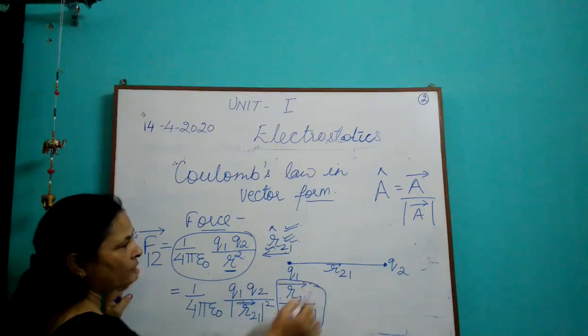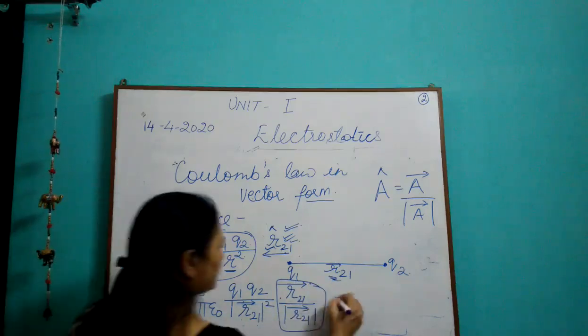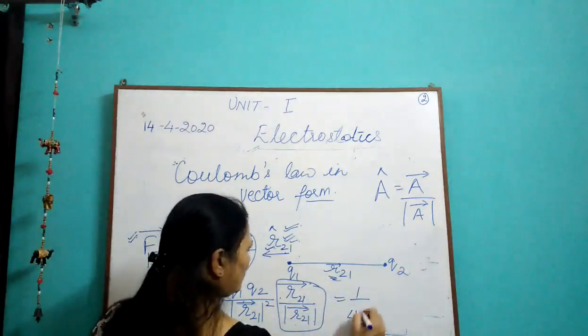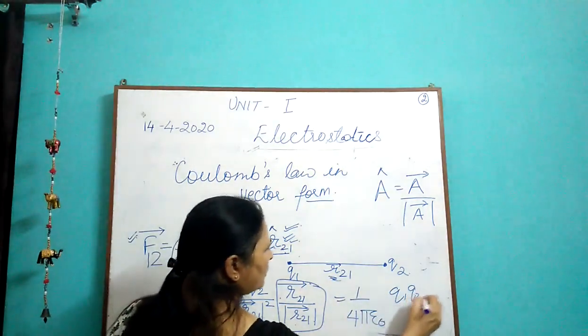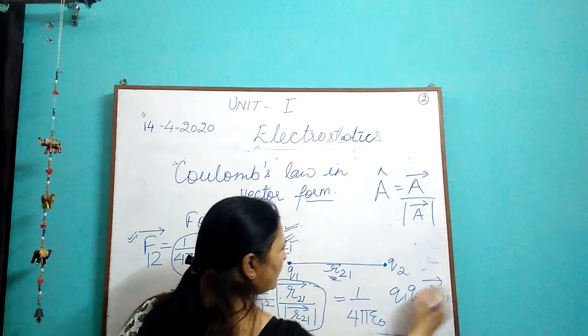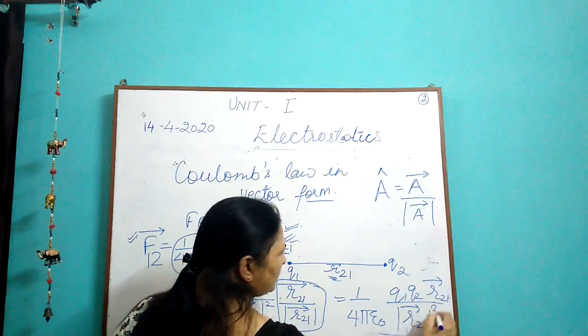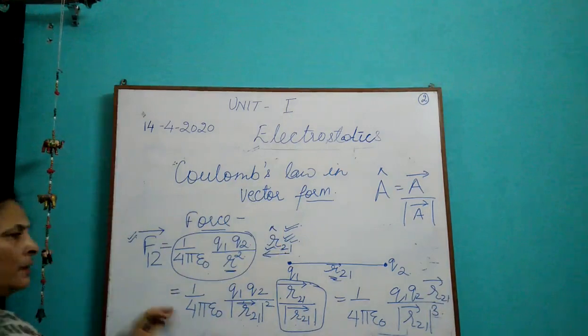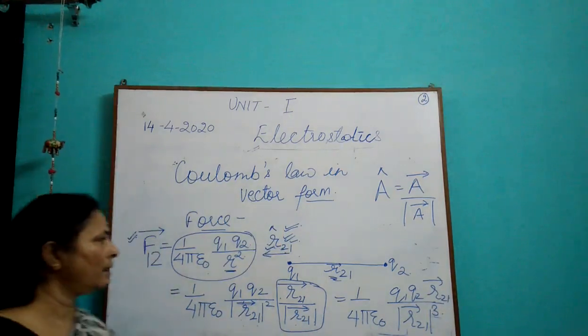Unit vector is found out in terms of R21. And now this can finally be written as 1 by 4 pi epsilon naught Q1 Q2 R21 vector divided by R21 vector cubed. So this is in vector notation.